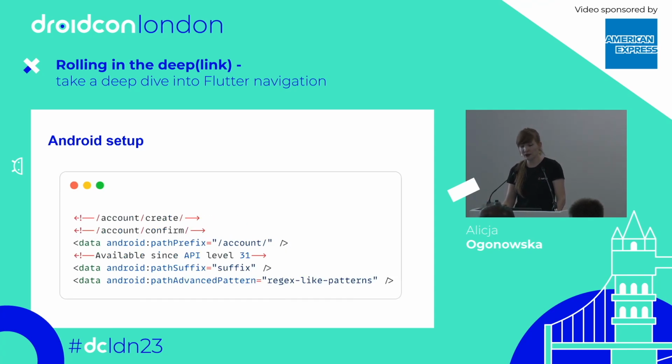There are also some other data tags like path prefix, which defines how exactly the path should start, and two quite new tags added in API level 31. It's path suffix and path advanced pattern that provides a regex-like pattern, but I won't be explaining them in detail. If you want to get to know them, check the docs.